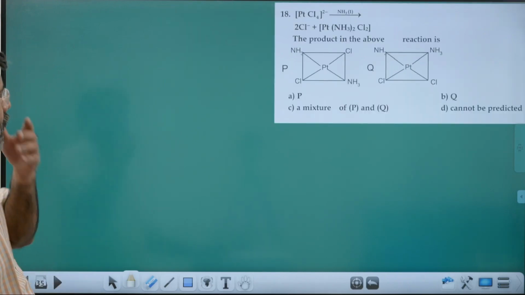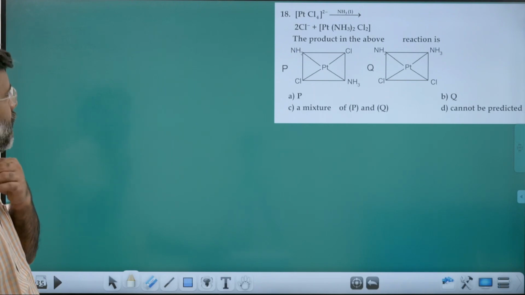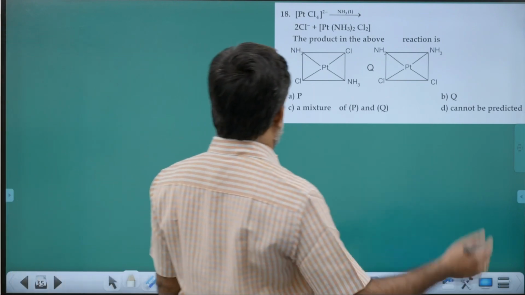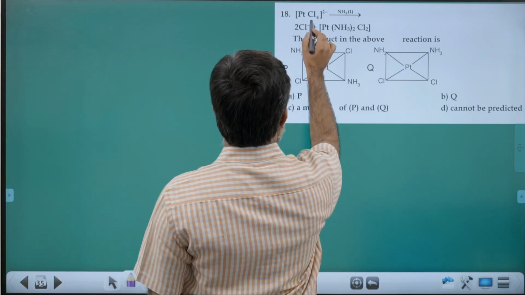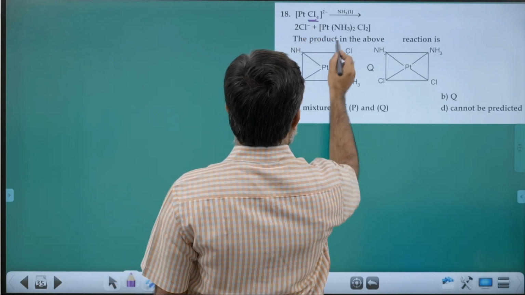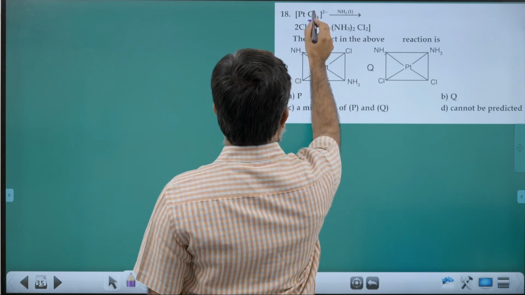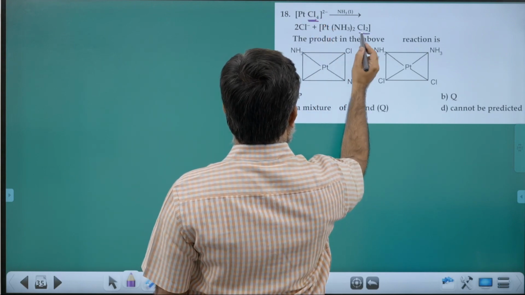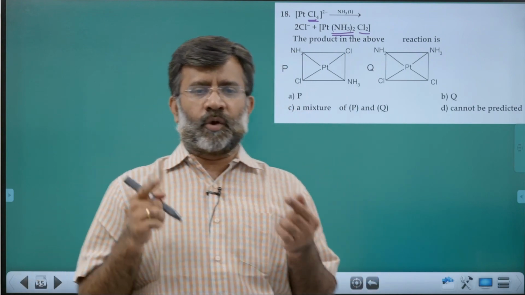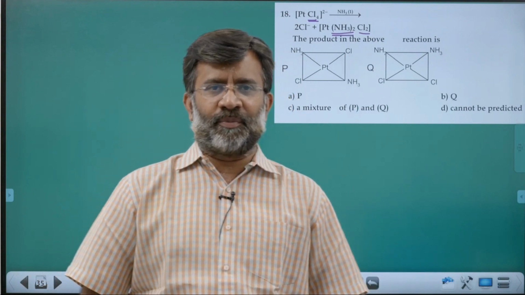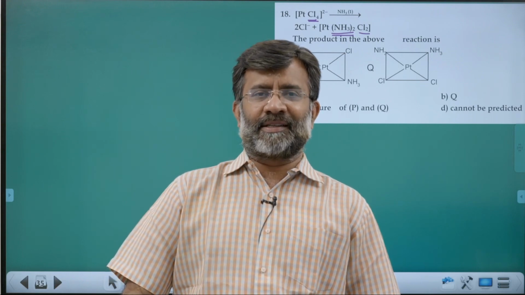Yeah, this is the trans effect question I told you about earlier. You see here what happens. Chlorine is replaced by ammonia. There are 4 chlorine; out of 4, 2 chlorine remain and 2 are replaced by ammonia. Hope you remember the order of trans effect.